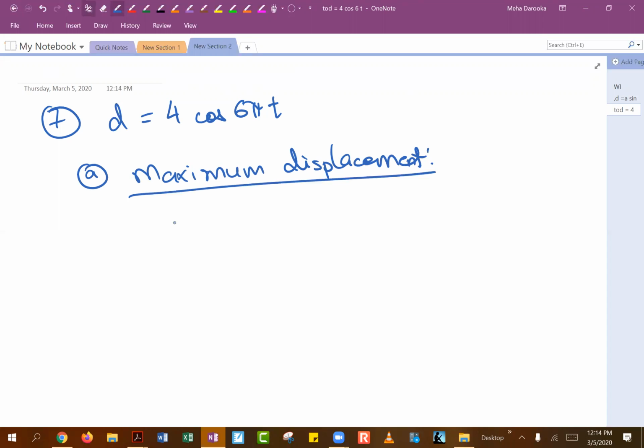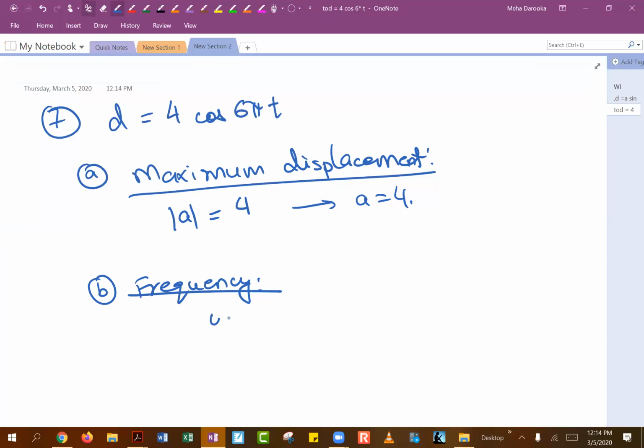Can you tell me what the frequency will be for this guy? The frequency is omega over 2 pi.